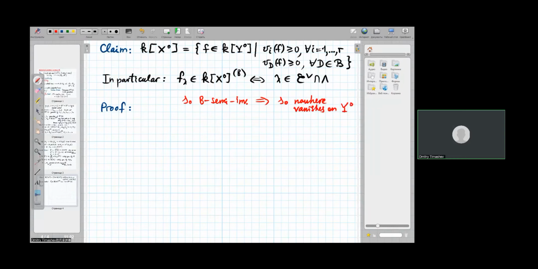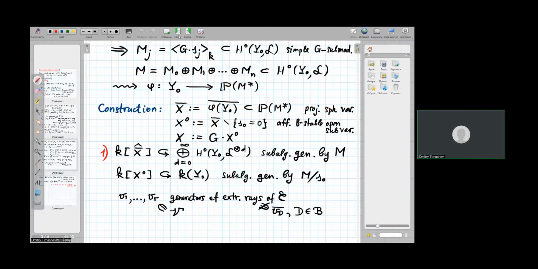Because y upper knot is an open B orbit, and S naught is a B semi-invariant section. If it vanishes at some point in y upper knot, it vanishes identically on y upper knot, because it is B semi-invariant and it is a single B orbit. But if it vanishes identically on y upper knot, it is just a zero section because y upper knot is dense in y lower knot, and therefore we get a contradiction because S naught was chosen to be a non-zero section.